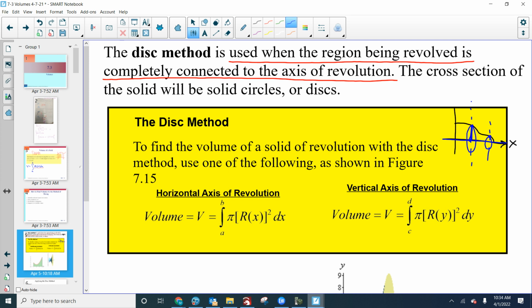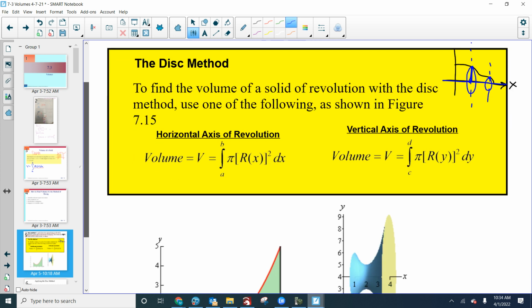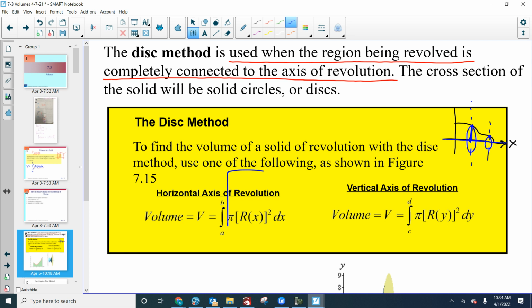It stacks either rectangles from left to right, or in this case, if we can find an area function, an A of x function, we can stack those A of x's and get volume. Are you with me? It just so happens that this A of x is a circle.